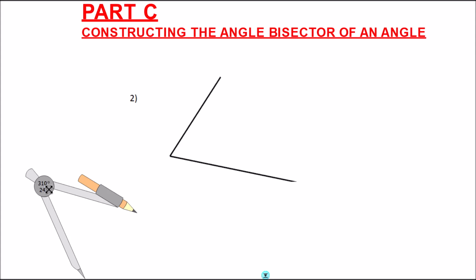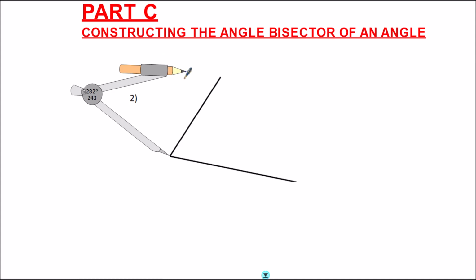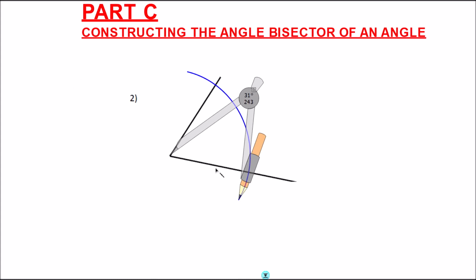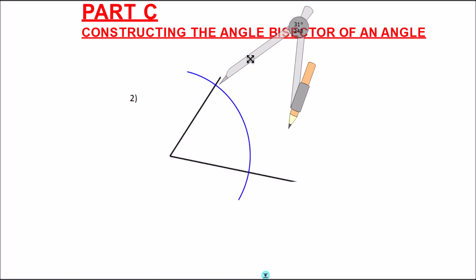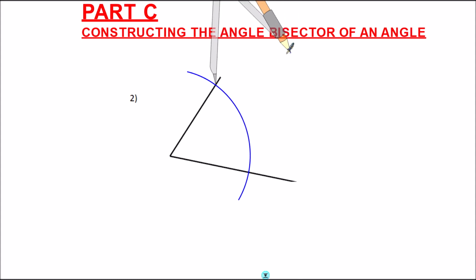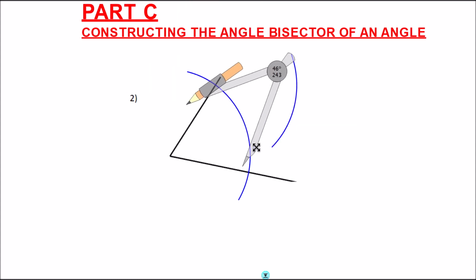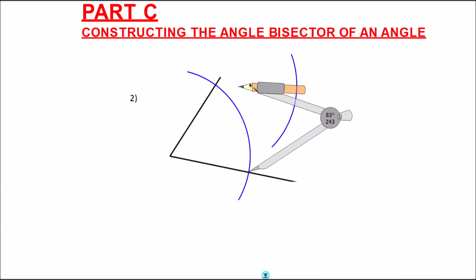So question 2, the angle bisector for this one. We put the compass needle where the angle begins, do a curve that cuts the angle at the 2 lines of the angle, keep the compass width the same, put the needle on the first part where the curve cuts the first line, do a curve in the middle of the angle, switch the compass needle over to this part at the other end of the angle and do the same process.